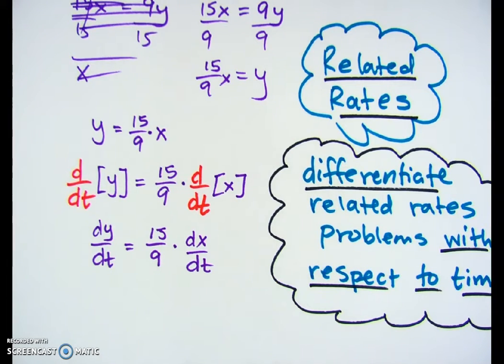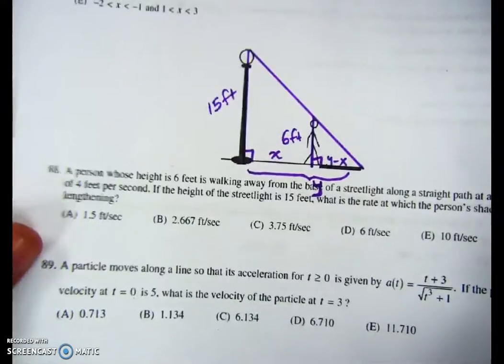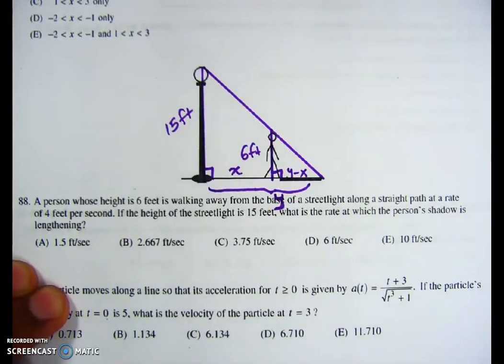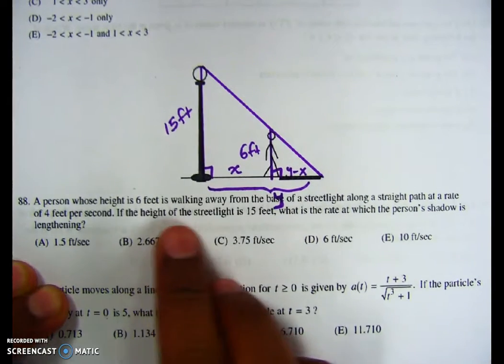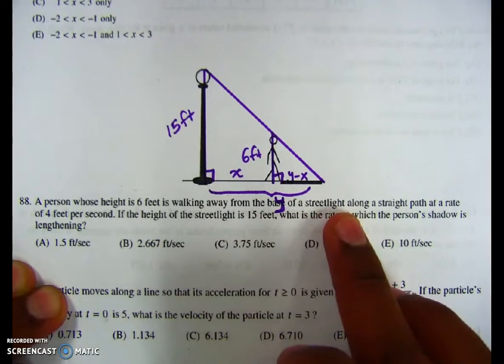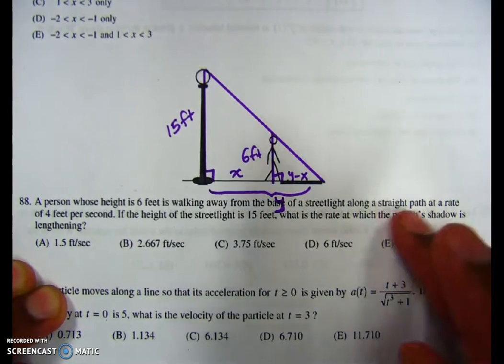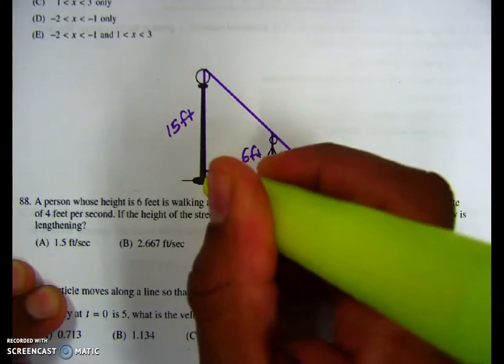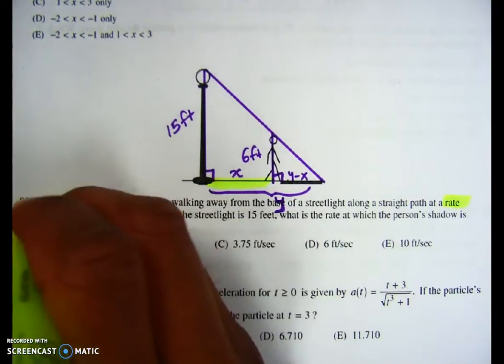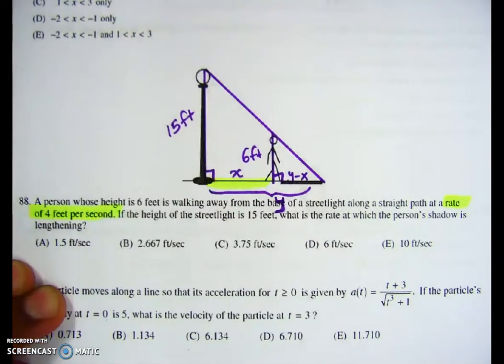And we actually know what dx dt is. In the problem they tell us that this person is walking away from the base of the street light along a straight path at a rate of 4 feet per second. So that's our dx dt.